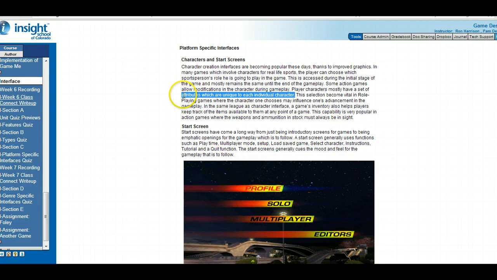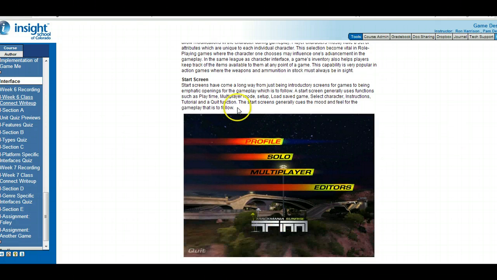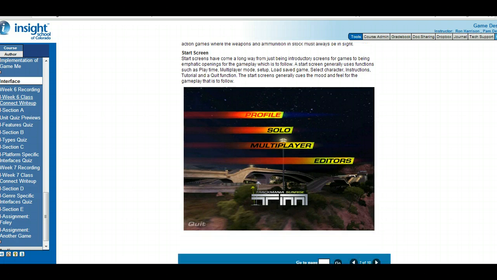Then finally, the start screen, of course, is important to the interface. It used to just be introductory screens with steps that you would follow. But start screens now give you so much information, and they give you cues on the feel for the game and how to get started in the game.